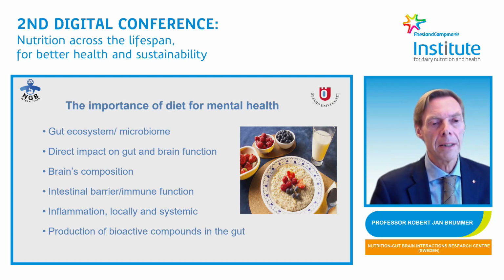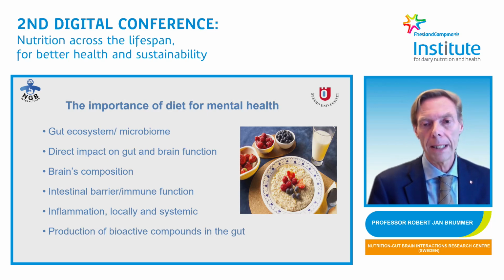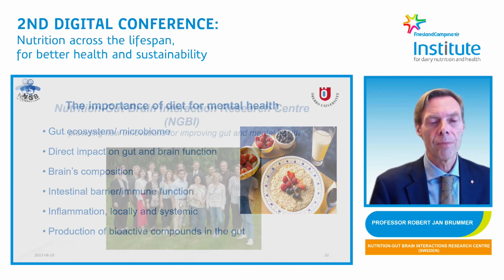We think that diet is important for keeping up intestinal barrier and immune function, and that it can beneficially affect inflammation locally as well as on a systemic level. And of course, it can also stimulate the production of certain bioactive compounds in the gut, which can signal to the brain as well. Next slide.